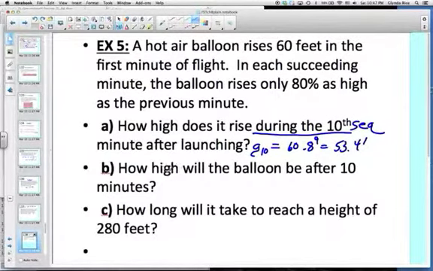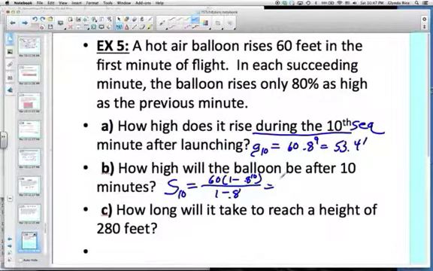How high will it be after 10 minutes? So it will have spent 10 minutes in the air. That is a series because we're summing the height of all 10 minutes, not how much it rises during one of those minutes, but how long after the accumulation of 10 minutes. So we're going to go the first term times 1 minus 0.8 to the 10th, over 1 minus 0.8.